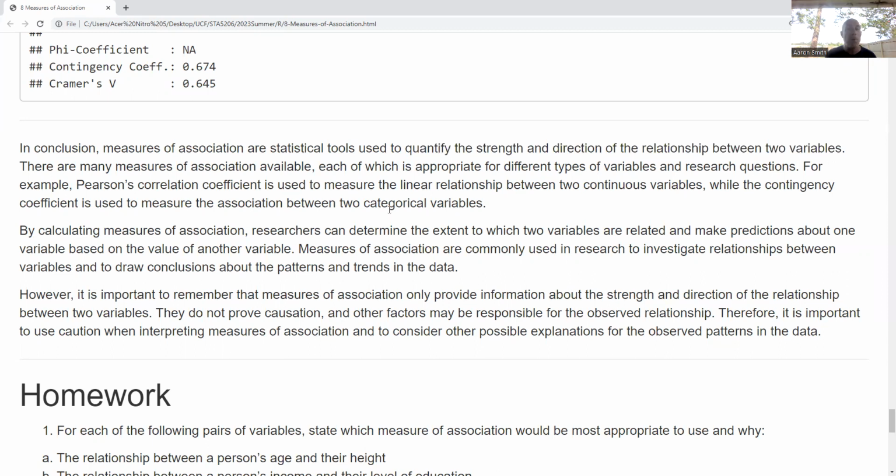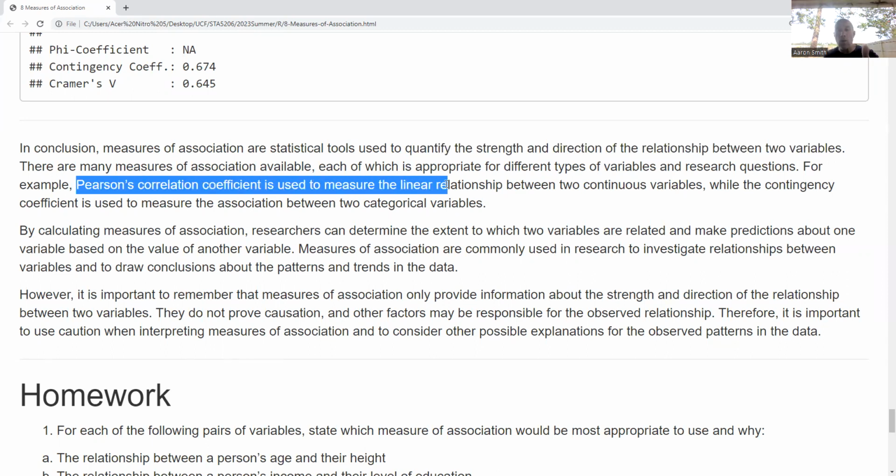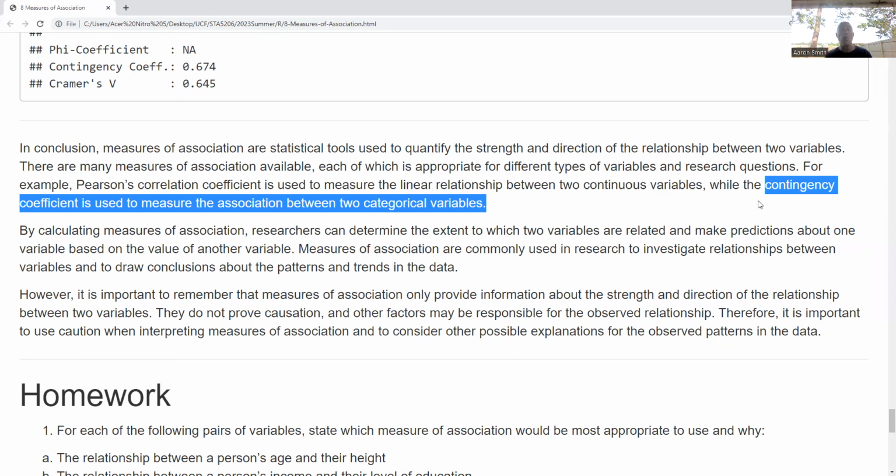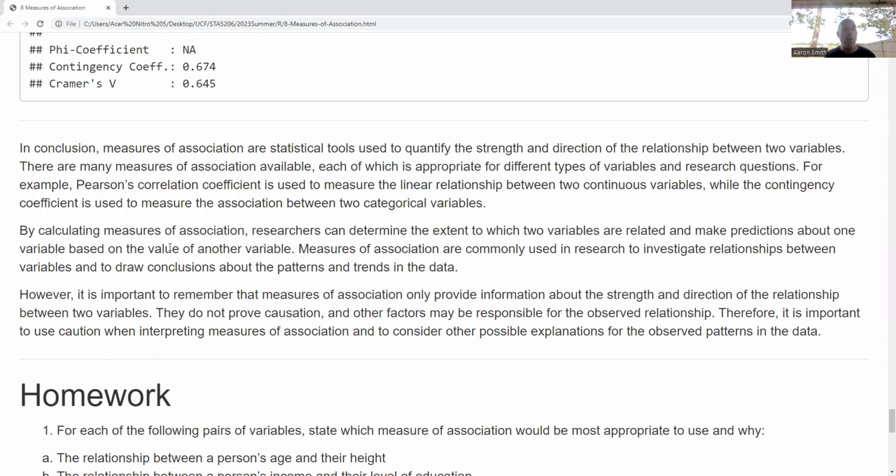For example, Pearson's correlation coefficient is used to measure the linear relationship between two continuous variables, while the contingency coefficient is used to measure the association between two categorical variables. By calculating measures of association, researchers can determine the extent to which two variables are related and make predictions about one variable based on observing the other. I do that all the time at work with predictive analytics.